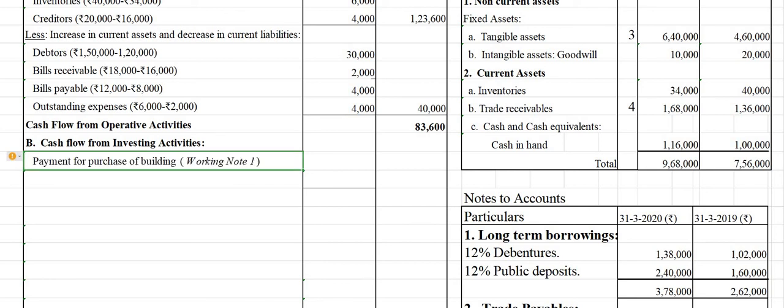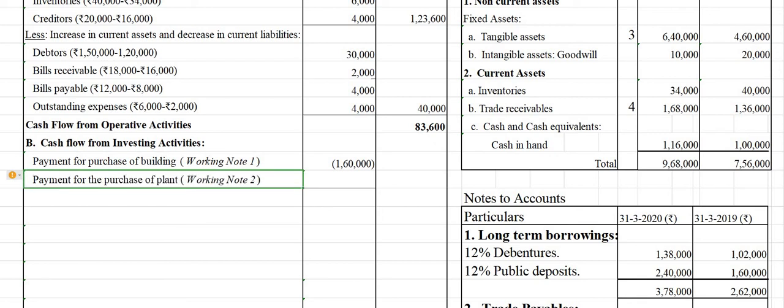Payment for the purchase of building 1,60,000. See, since this is an outflow, we will write that amount in brackets because these are amounts to be deducted. That means cash used in investing activity. We have used cash in investing activity for the purchase of building. That's what it shows. Then payment for the purchase of plant, that is 50,000.